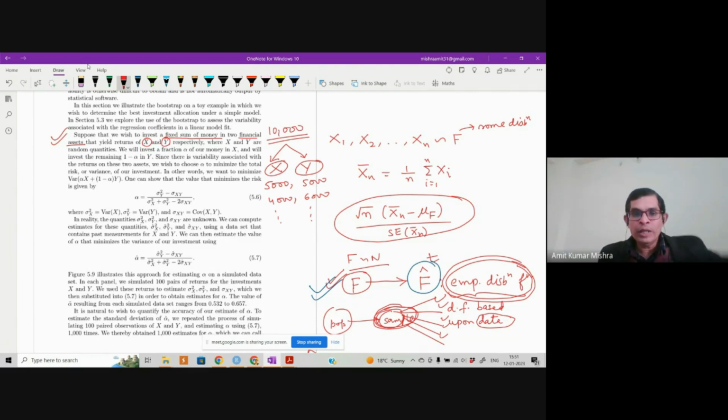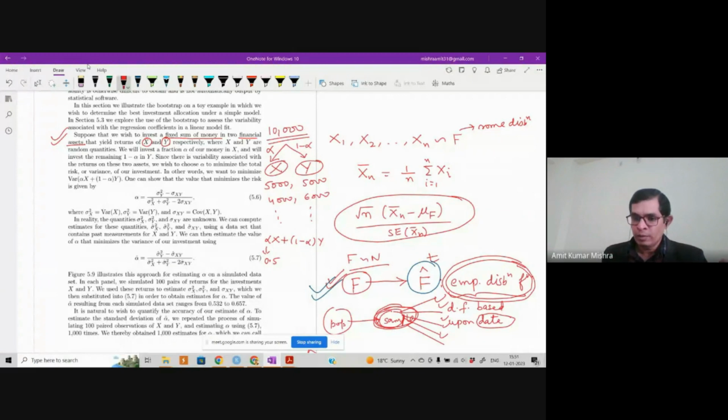Mathematically we say that we will distribute alpha proportion to X and 1 minus alpha proportion to Y, where X and Y are the returns. So what will be our return? Of course, our return will be alpha times X plus 1 minus alpha times Y. For example, if alpha is 0.5, we are putting 5,000 in the first one and 5,000 in the second one.